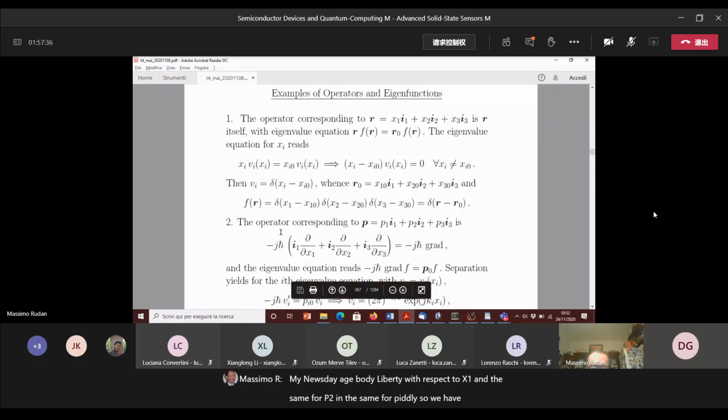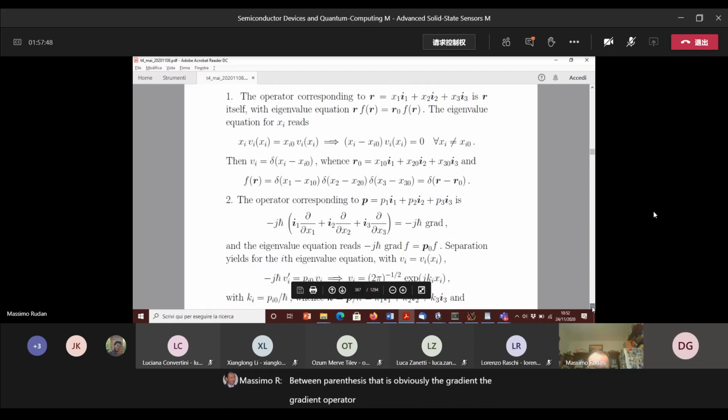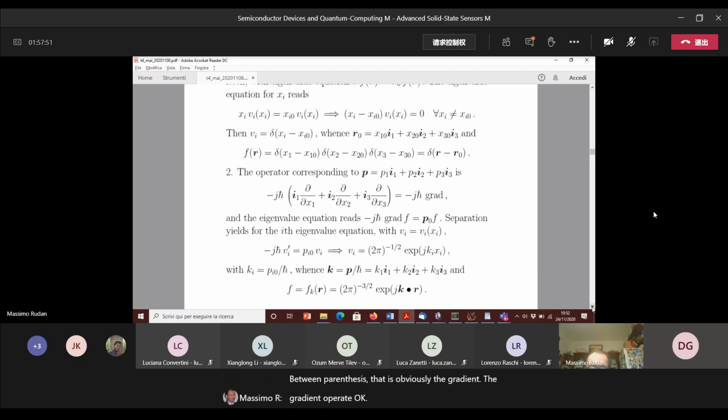So we have minus j h bar, and then we have a quantity between parentheses that is obviously the gradient operator, okay? Then we construct the eigenvalue equation for the momentum, and this eigenvalue equation will be minus j h bar gradient of f, we still call f the eigenfunction, equal to some constant that we call P0 times f.